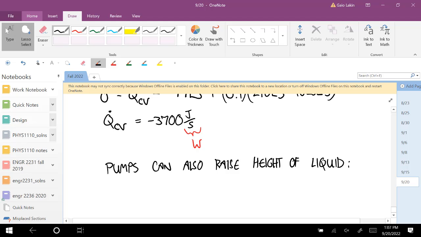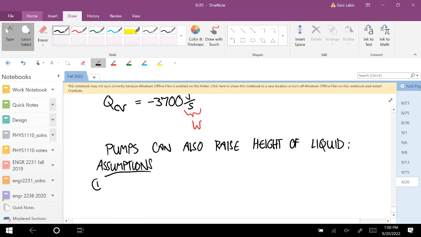So the assumptions there are steady state, so dE/dt is 0, and the m's are all just m dot.